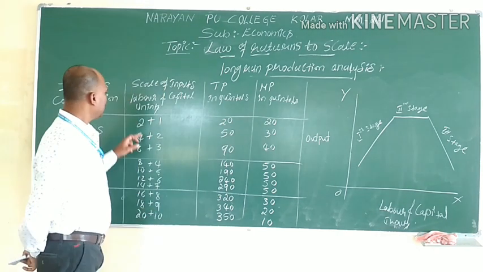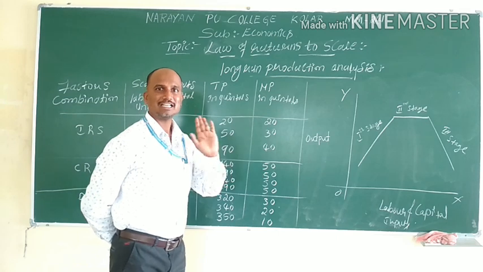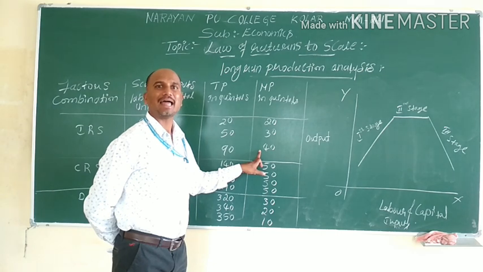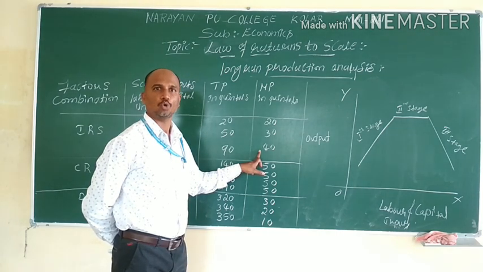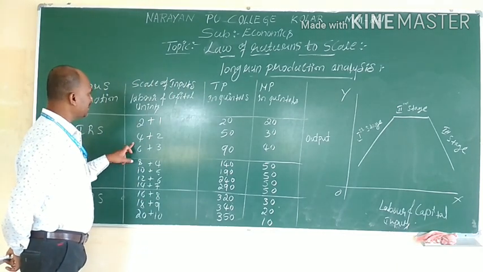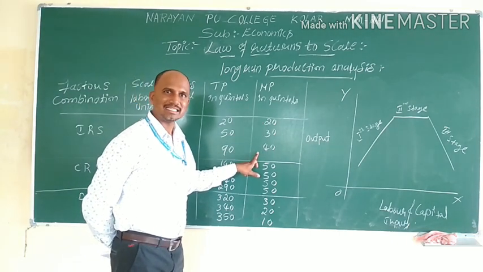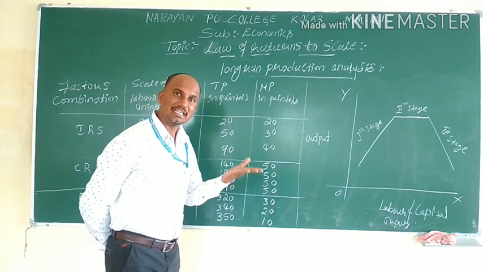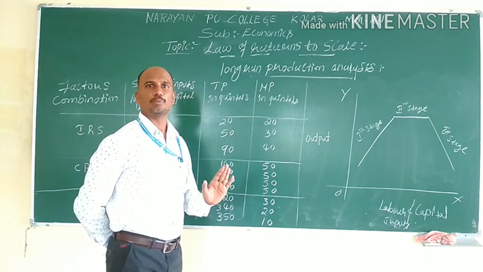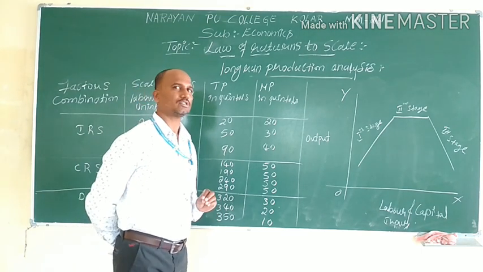Here, as inputs increase, output also increases, but the increase in the output is more than the increase in the input. Once again, in the first stage, increasing returns to scale, as inputs increase, output also increases, but output increases more than the inputs. So this stage is called increasing returns to scale.